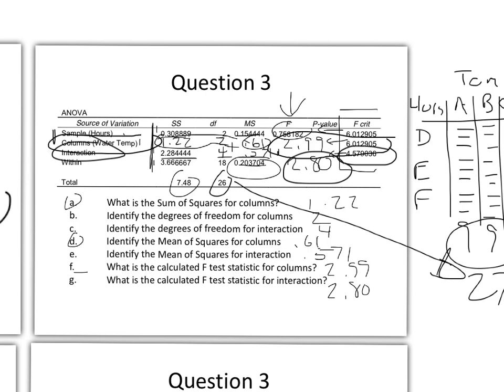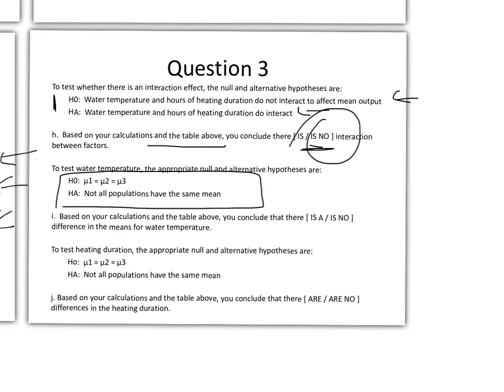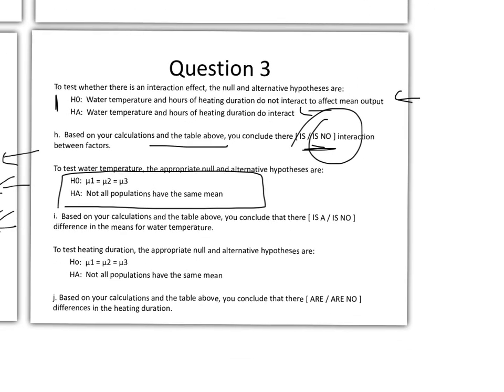And so we will say in that case, because our calculated value is less than the critical value, we will say, based on the calculations above, we conclude that there is no difference between the means for the water temperature. That is, we did not reject the null, and we're saying that all the mu's are equal of each of the water temperatures.